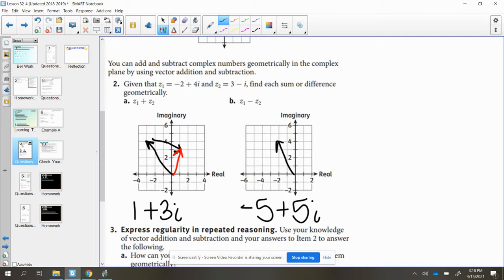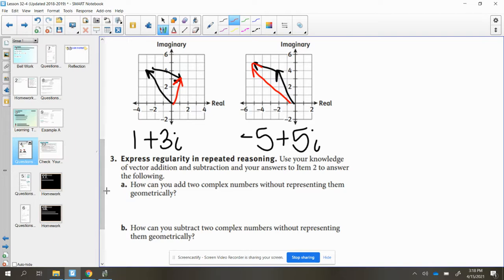But then when we start graphing this other piece, it's really like we are graphing -3 plus i. So from there, we would go to the left 3, up 1 for that resulting vector of -5 plus 5i that we see. Okay.